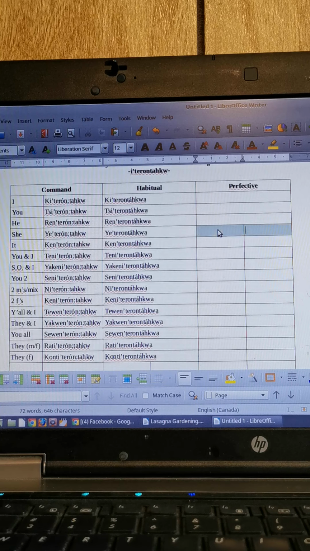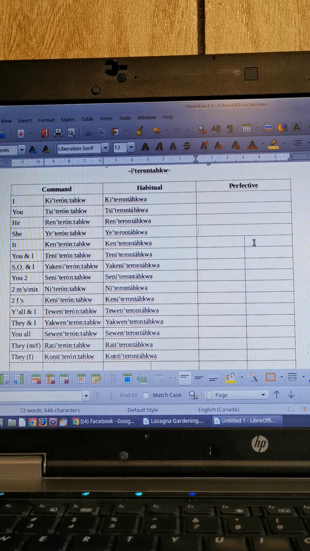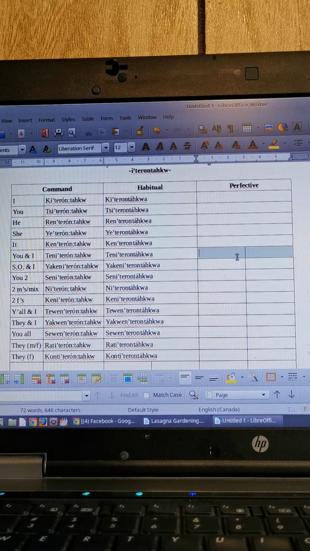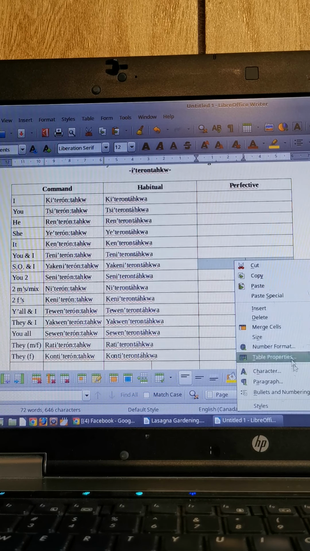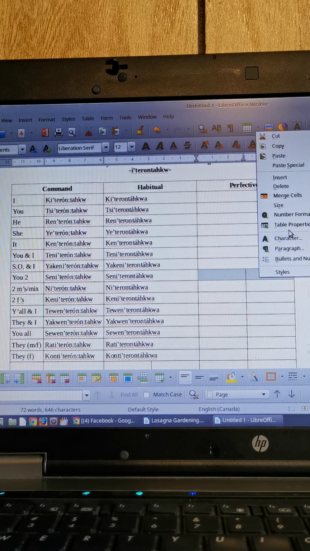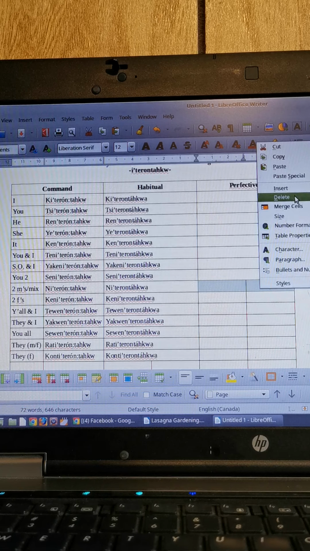I put in too many columns. And I can't figure out the key for merging the cells.